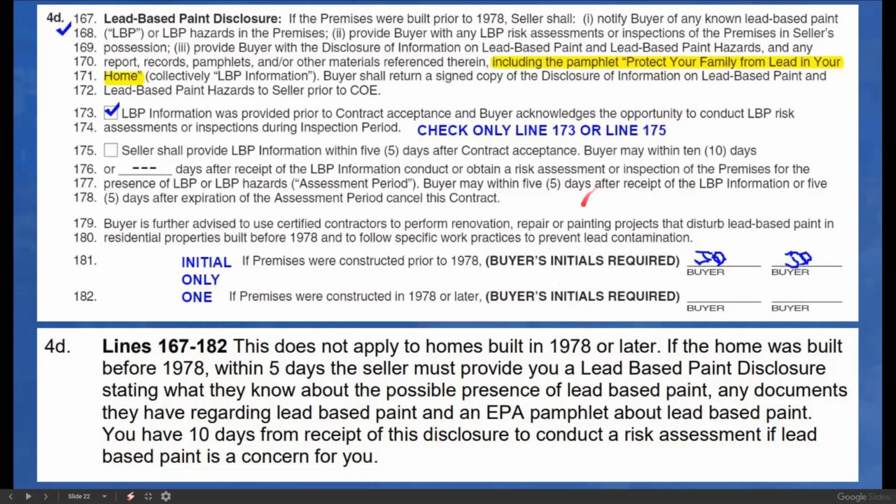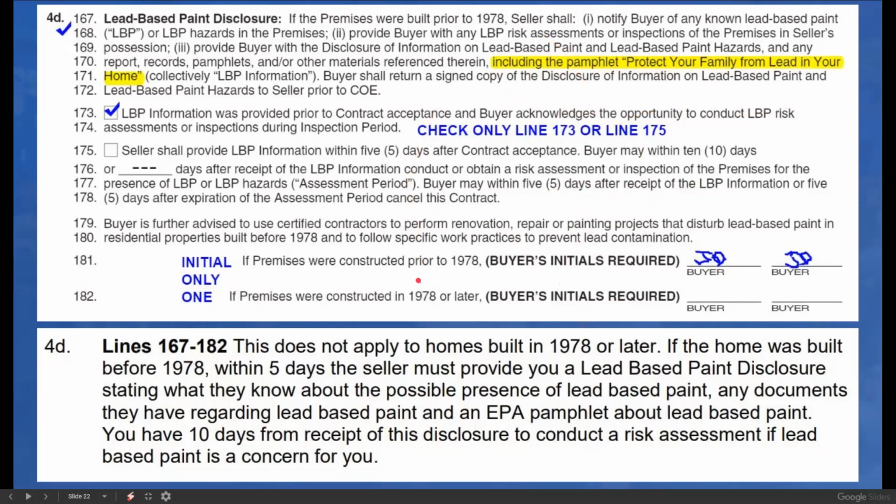The lead-based paint pamphlet, how many of you hand that to the buyer when you're writing a contract on a 1976 house? Nobody? I would if I had one, but I haven't had one. Well, it's really your obligation to get that to the buyer.